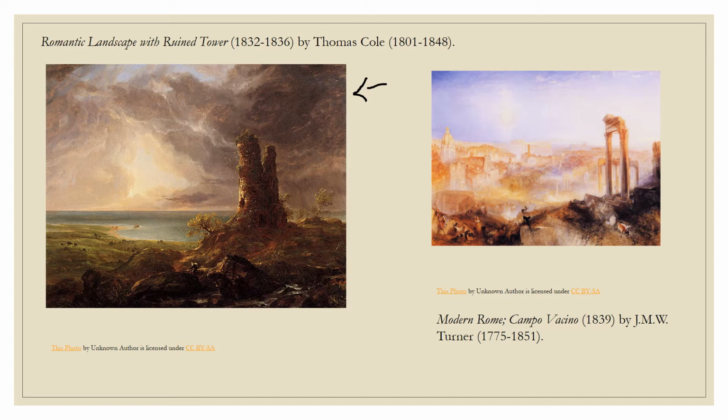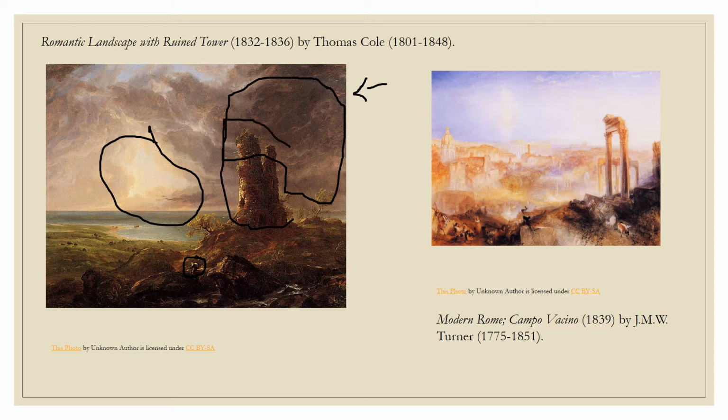We can see the sunset here, maybe a sunrise. It looks like maybe some storm clouds coming in here as well, so maybe some rain or some nasty storm coming in. Looks like there's a man down here walking on the rocks. We can see this destroyed, dilapidated tower here as well. So this was some of the forms of Romanticism, showing nature and life in its natural environment.